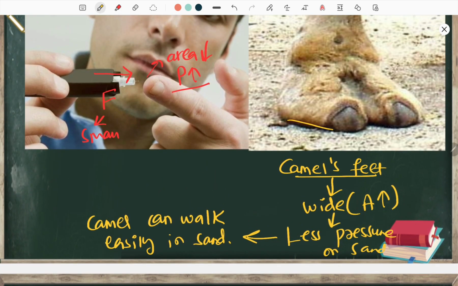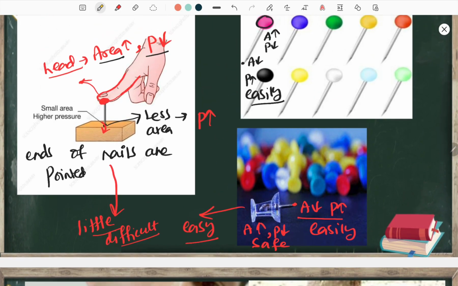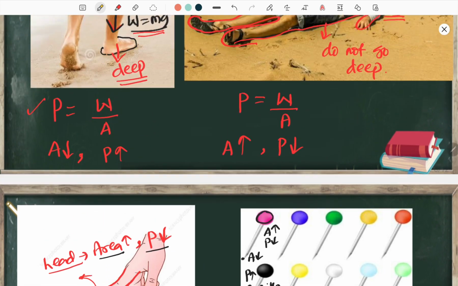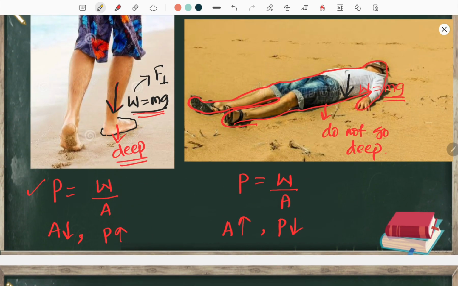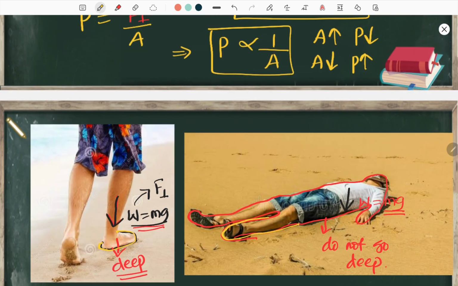Why do camels have larger feet? Why are needles made with pointed ends? They may also ask about notice board pins, and why our feet go deep inside the sand when we are standing, and why we don't go deep inside the sand when we are sleeping on the sand. So these kinds of questions can be asked.